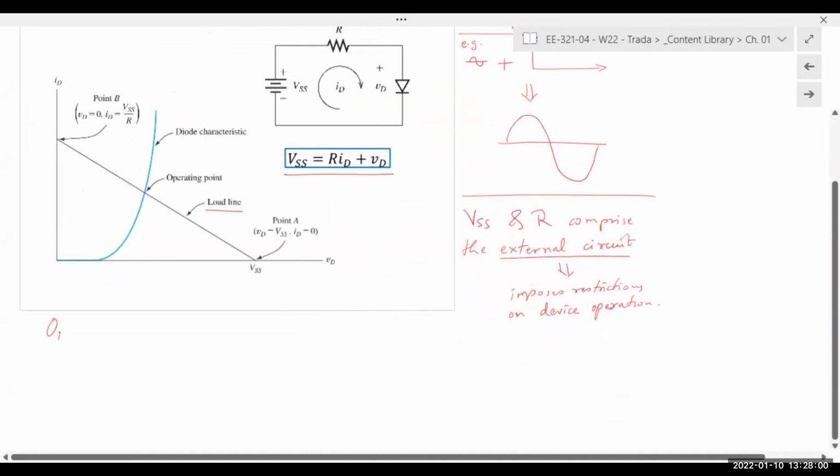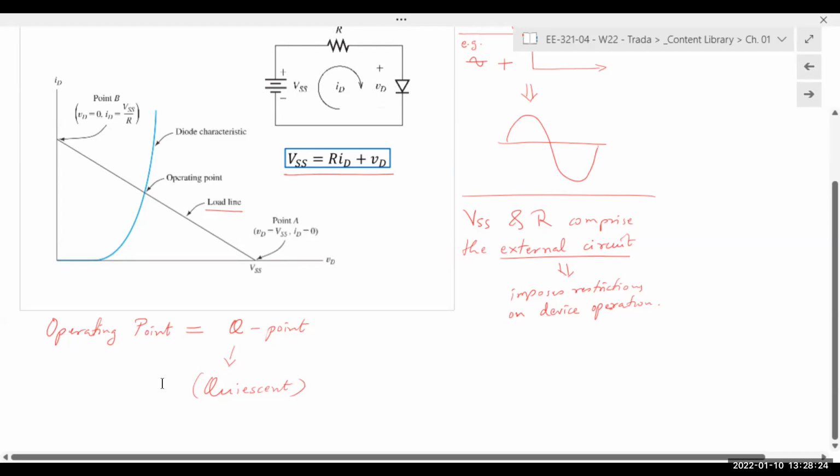So this operating point is also known as the Q point. The Q stands for quiescent, and it's a word that is very commonly used in electronics.